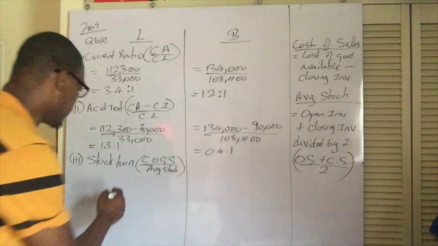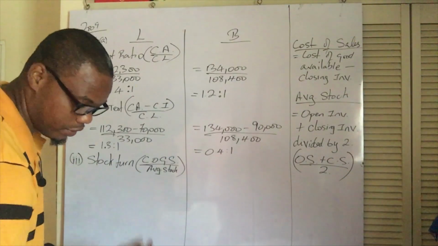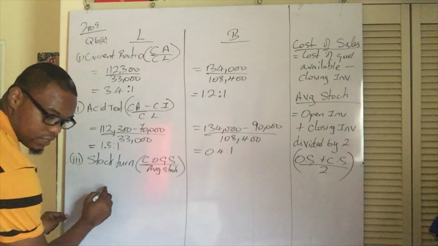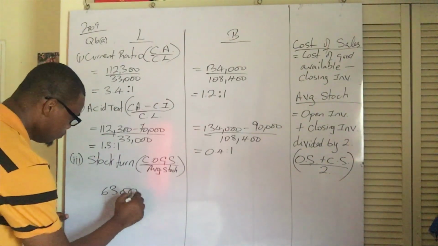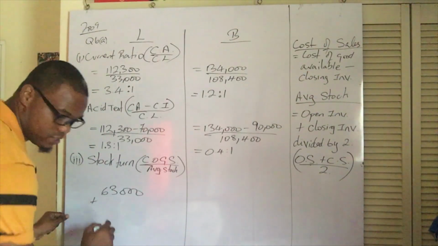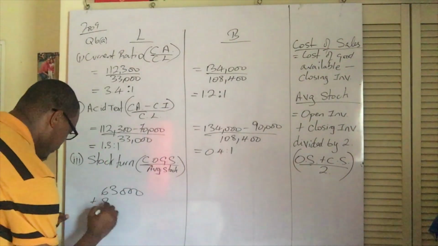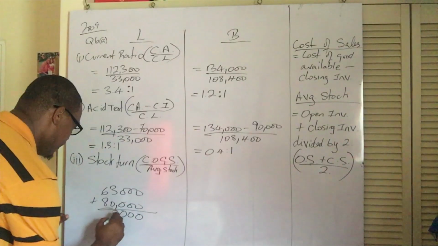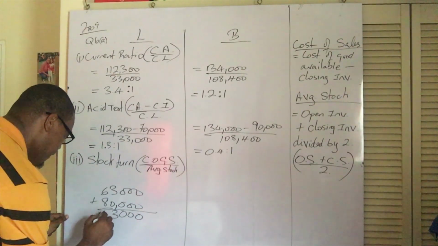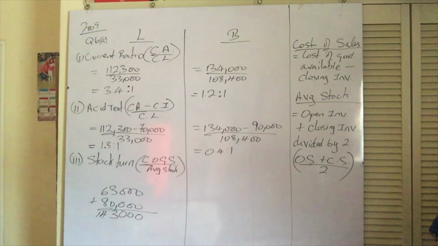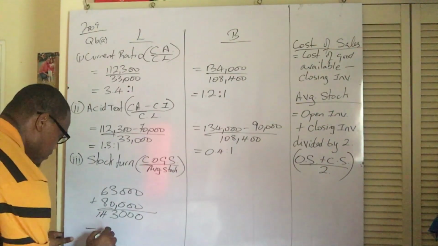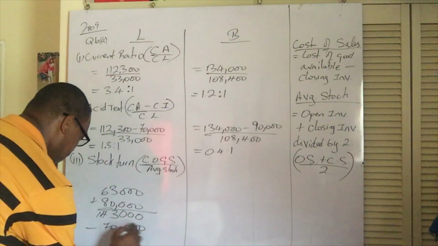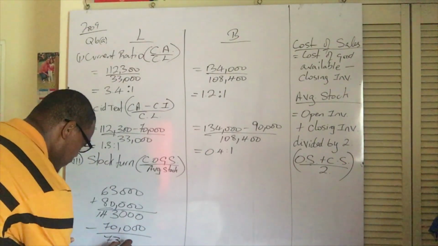So how do you get the cost of goods sold? Let me work it out and show you. The opening inventory for Linguini would be 63,000, plus the 80,000. So 143,000, then you minus the 70,000, it will leave us with 73,000.